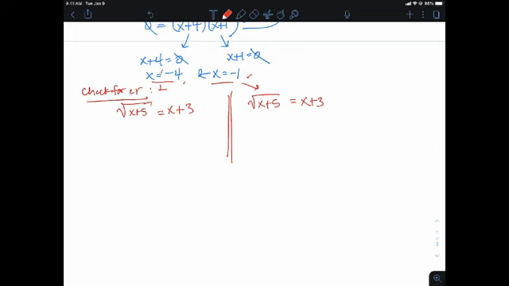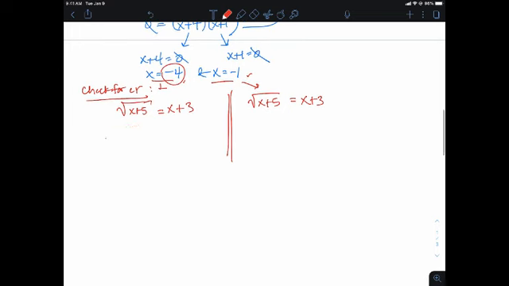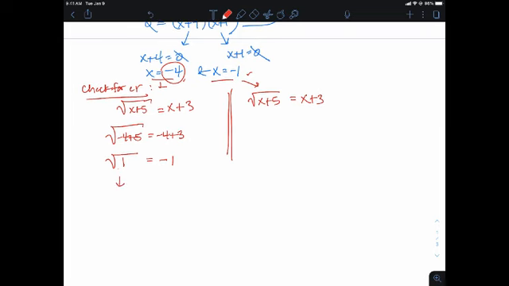So here I'm going to plug in -4 where I have x. The root of -4 plus 5 equals -4 plus 3. The root of 1 equals -1. The root of 1, we didn't put this root sign on ourselves, so we're assuming just the principal root.